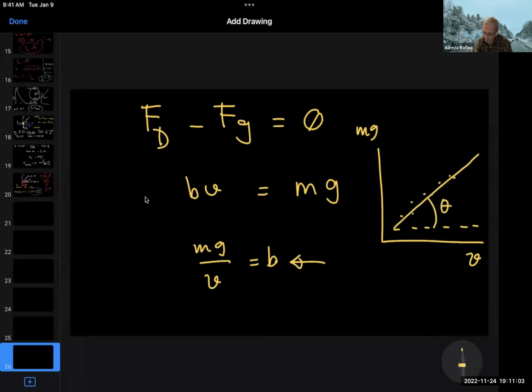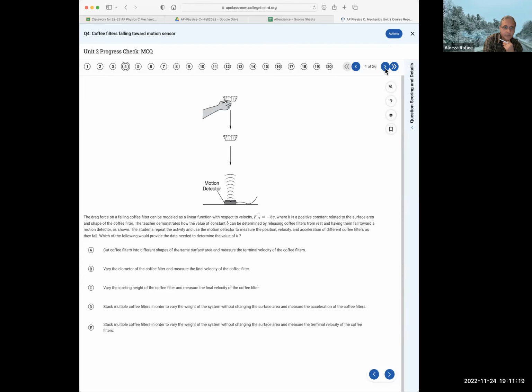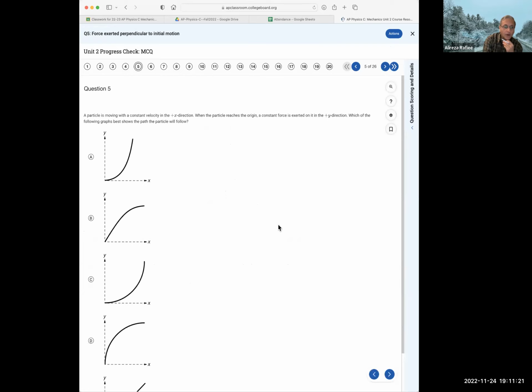So you're varying the mass, and then you will get different terminal velocities. And so the slope of that diagram will give you the constant. Okay, this one is easy. You read it and tell me what you think.